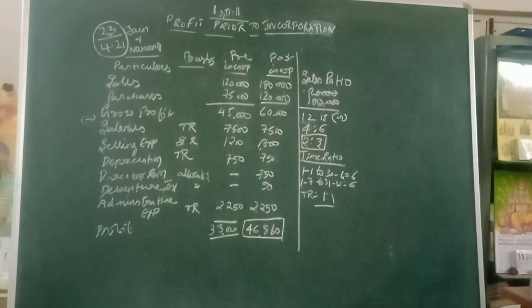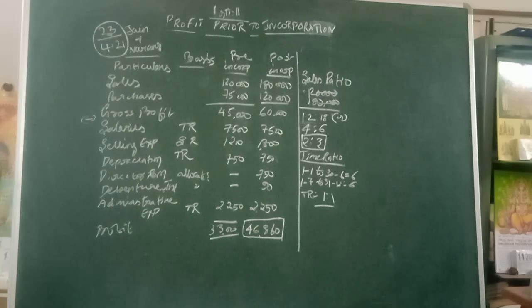The same old concept: gross profit minus all the direct and indirect expenses gives you the profit. But here we have separate sales for two different periods and separate purchases given for two different periods. So basically you know very well, sales minus purchases minus direct expenses gives you the gross profit.